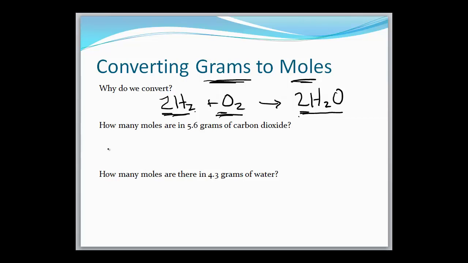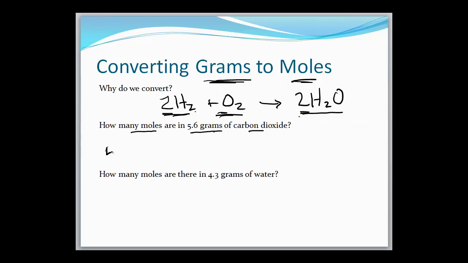So let's start with the first problem here. It says, how many moles are there in 5.6 grams of carbon dioxide? And as we do these problems, you'll see me do the same procedure. You always have something to start with, in other words, a number and a unit, and you're always looking for something. In other words, we want to find moles of carbon dioxide starting with 5.6 grams.